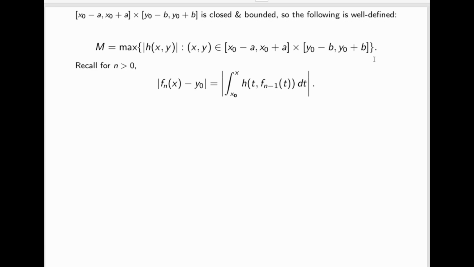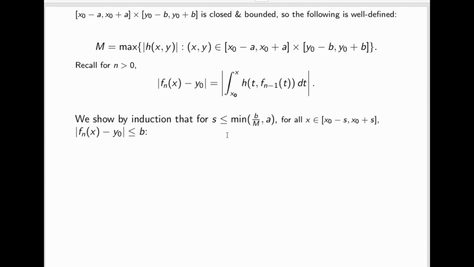Recall for n bigger than 0, the positive distance between f sub n of x and y naught is equal to the absolute value of the integral from x naught to x of h of t and f sub n minus 1 of t dt. This is just rewriting the recursive equation and putting absolute value on both sides.